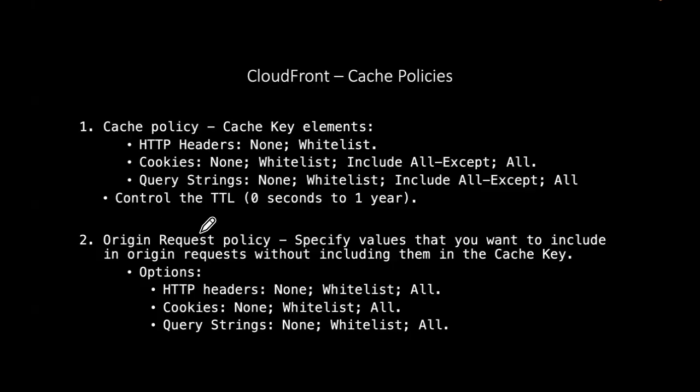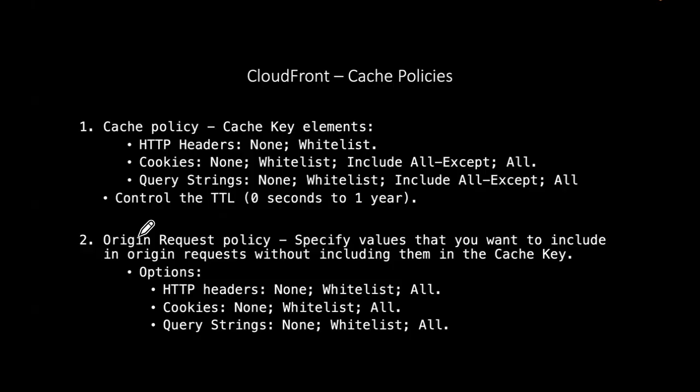There's a second policy called the origin request policy. What that relates to is when your client sends a request to your edge location server, and that request contains potentially lots of HTTP headers and query string parameters. Ignoring the ones that relate to the cache key construction, there may be other query string parameters, headers and cookies in the request from your client.